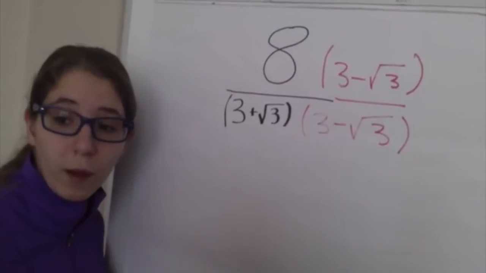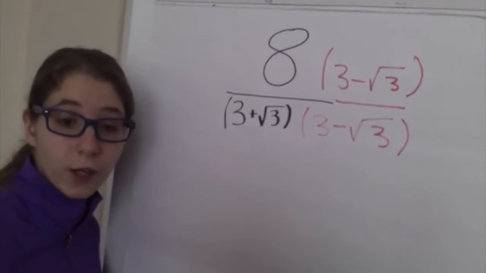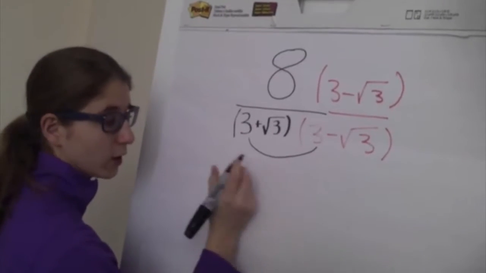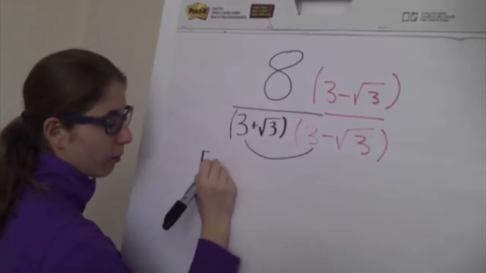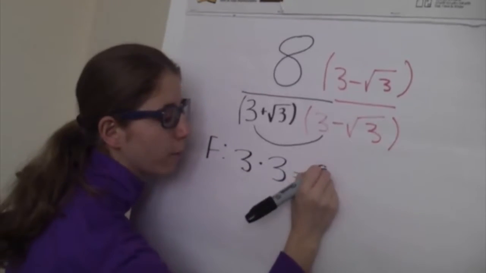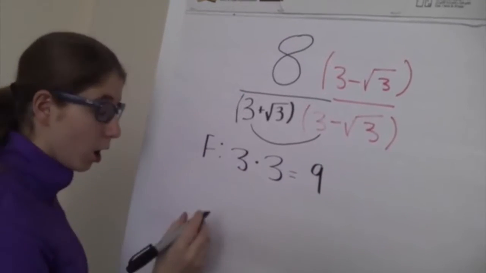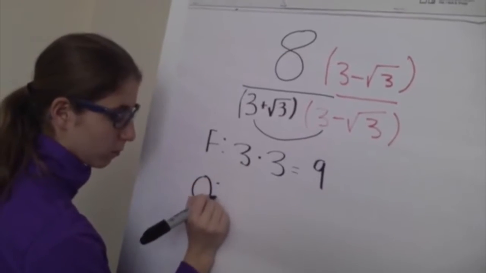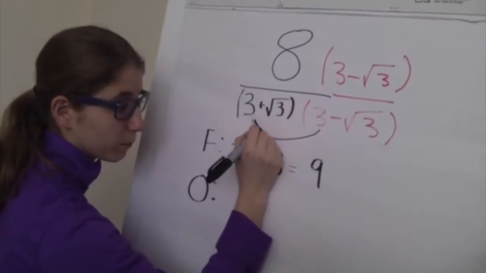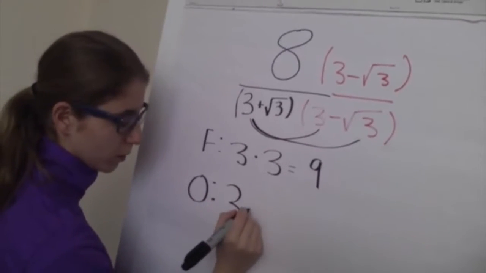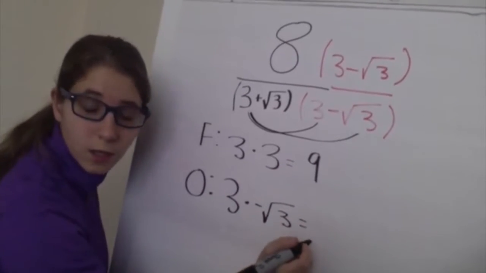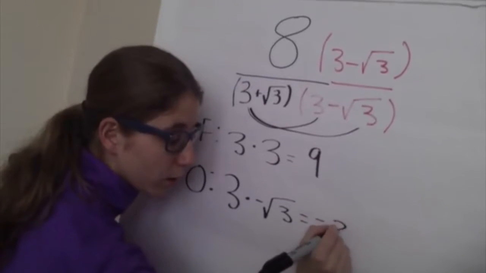You can use the FOIL method to rationalize the denominator first. For F, first, you get 3 times 3, which equals 9. For O, you get 3 times negative radical 3, which equals negative 3 radical 3.